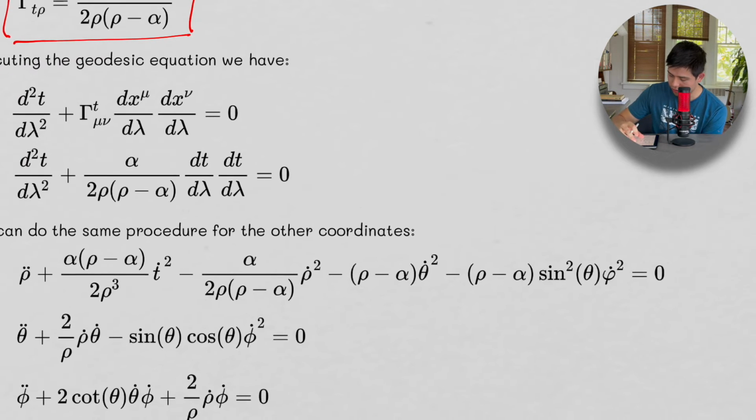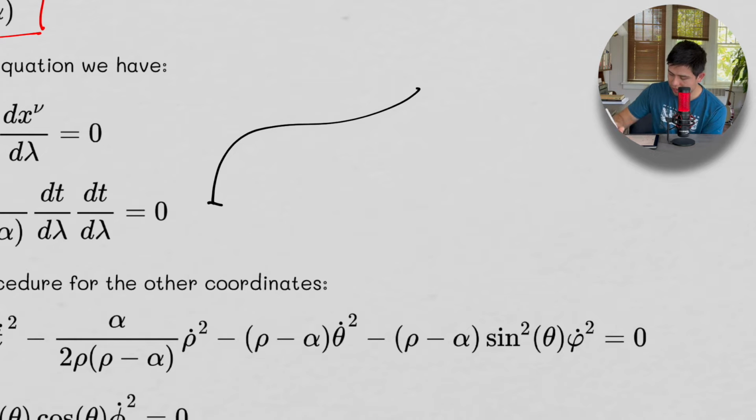So imagine we have some path, and that path is parameterized by some lambda. We can better represent this pictorially if we write it like this.